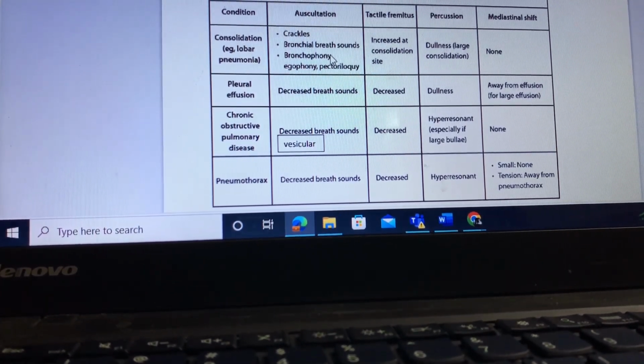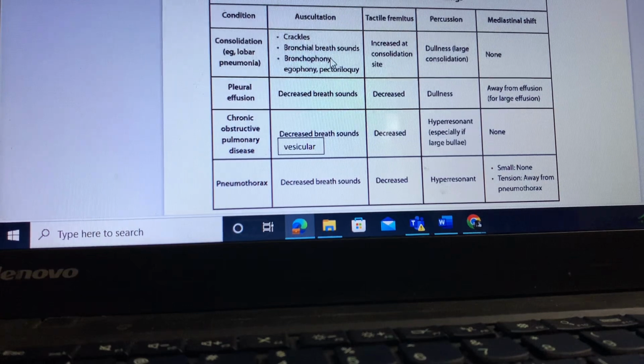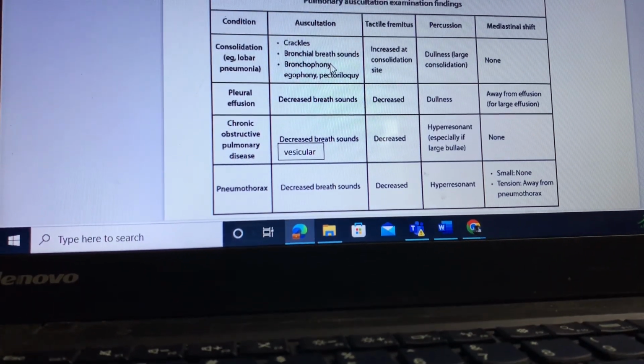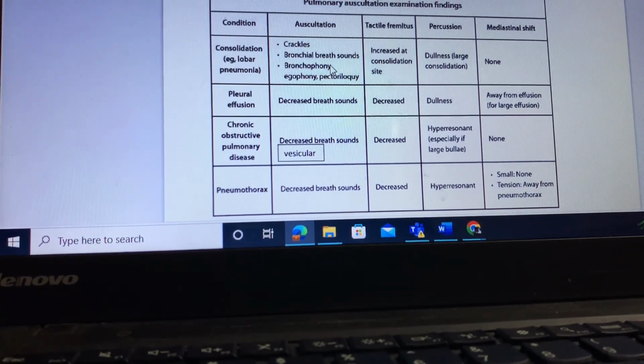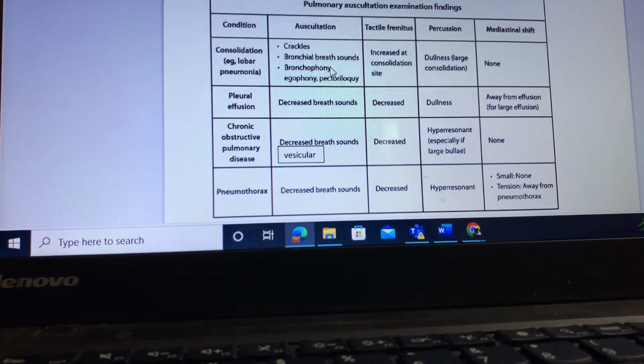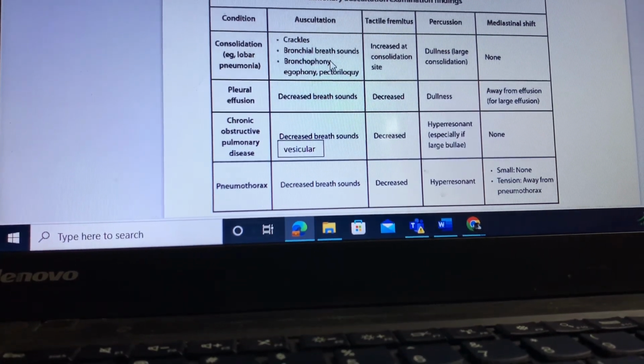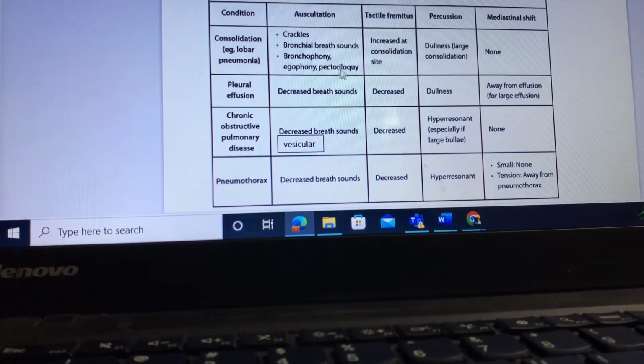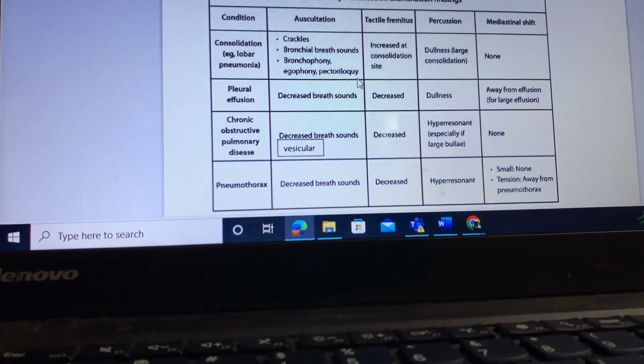So this is a distinction: bronchial sounds, although they're louder and have a prominent expiratory phase, only if the airway is patent. But if your pneumonia has blocked the airway, now your sounds will be decreased. Now, bronchophony, egophony, and whispered pectoriloquy are heard.